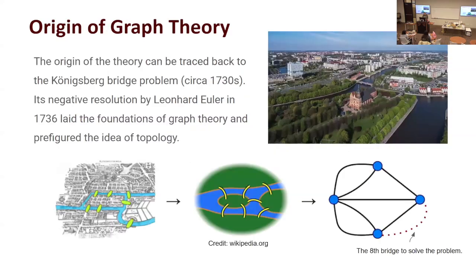But anyway, for graph theory, most people say it started in the 1730s, when Euler started looking at the very famous seven-bridge problem. I'm not sure who started this problem, but that's the problem.